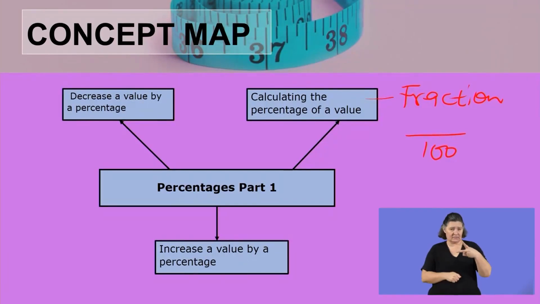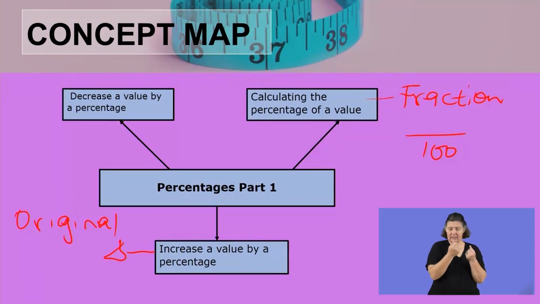Number 2, we've dealt with increasing a value by a percentage. I said to you, when we increase a value by a percentage, remember we have what is called the original price, and we said the original price is 100%.